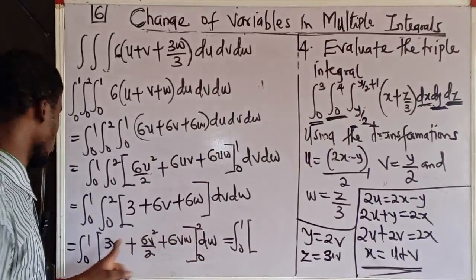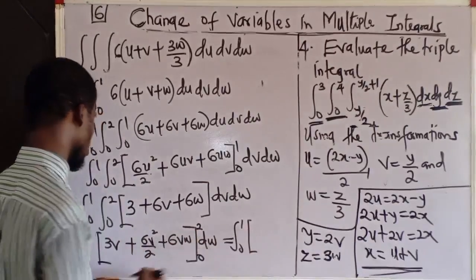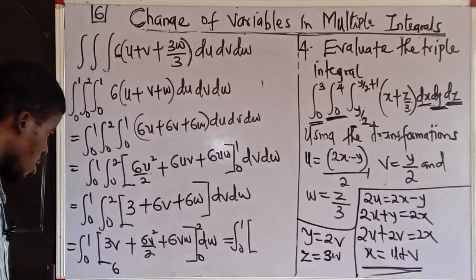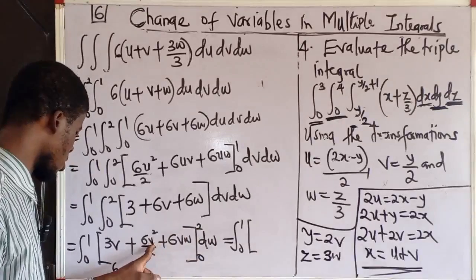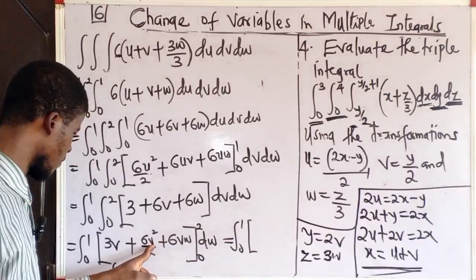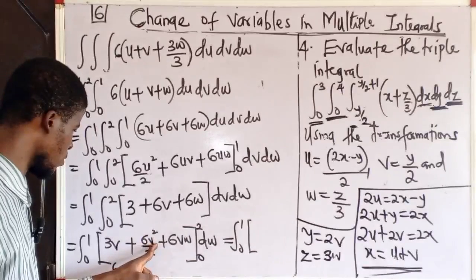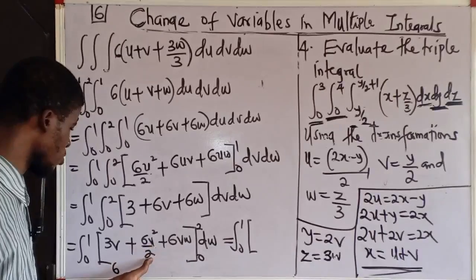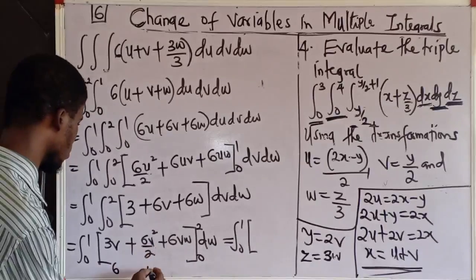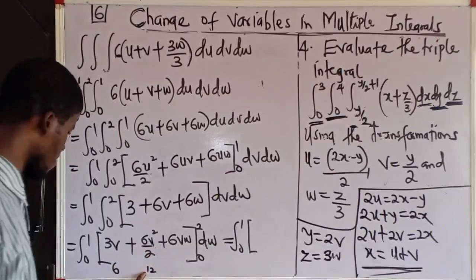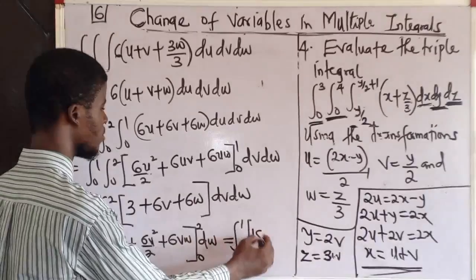Plug in 2 for v. This will be 6. If I plug in 2 for v here, that will be 4, because v squared is 4. 6 times 4 is 24. 24 divided by 2 is 12. 6 plus 12, that will be 18. So here will be 18.